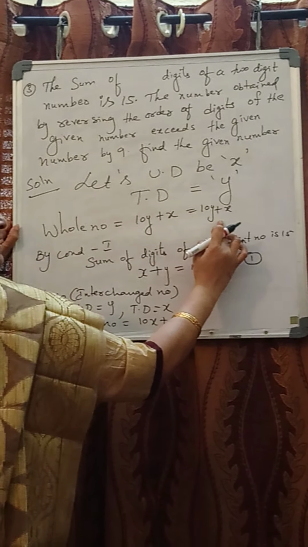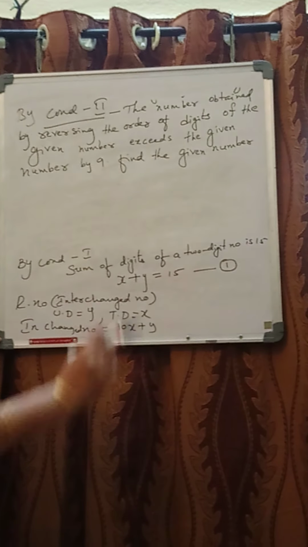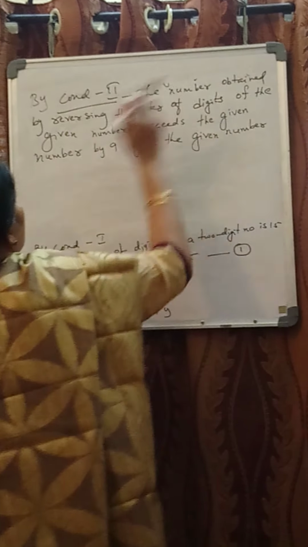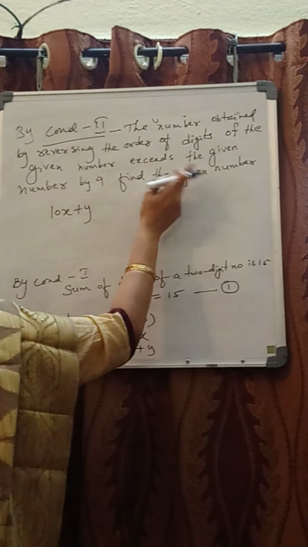So let's write the second condition and frame the second linear equation, children. By condition 2, the number obtained by reversing the order of the digits, that is 10x plus y, exceeds the given number by 9.